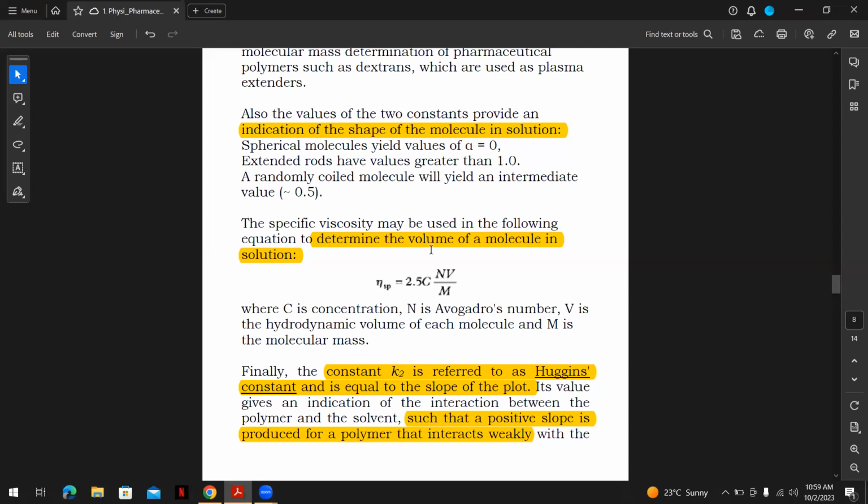You may be asked to tell the volume of the molecule in solution, given the concentration and the molecular mass, maybe from the previous equation. It's as simple as placing your values there, then calculating V, where N is Avogadro's number.